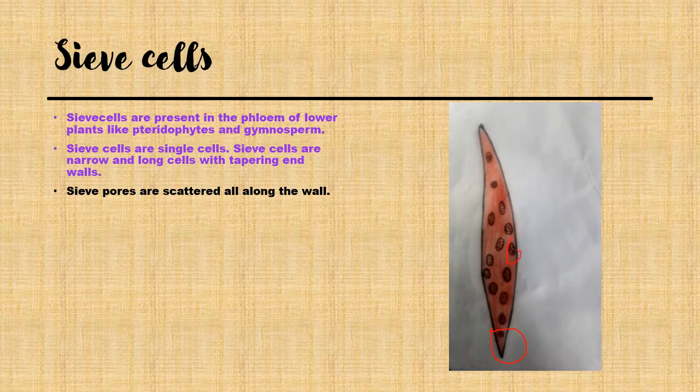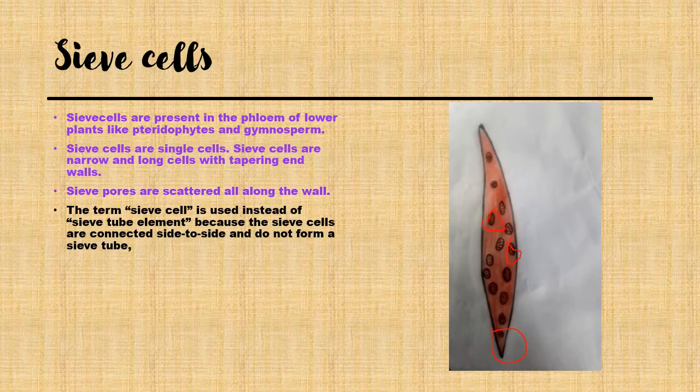Their sieve areas are scattered throughout their wall. They are called sieve cells instead of sieve tube elements because they do not form a tube-like structure. They are connected side by side to conduct the phloem sap.